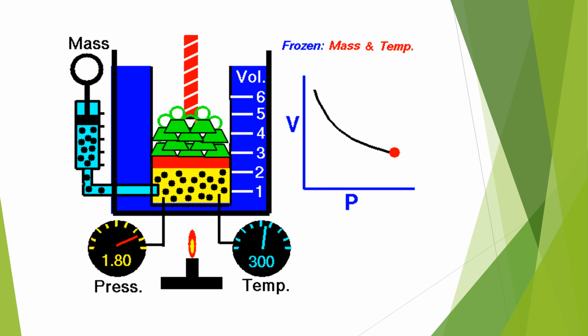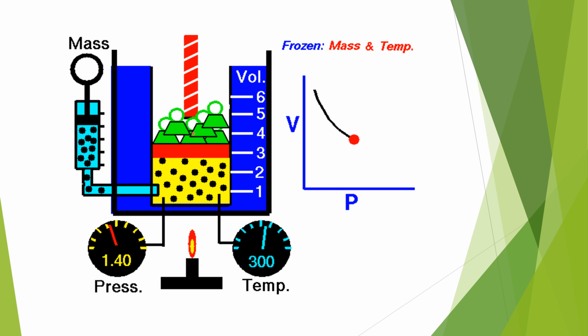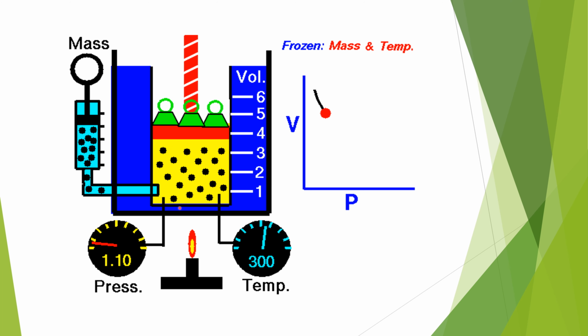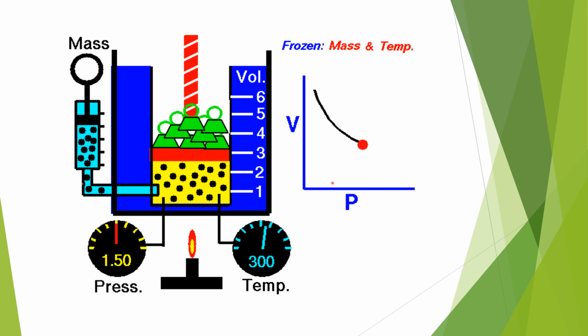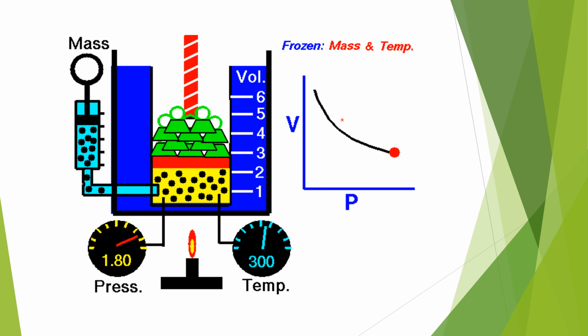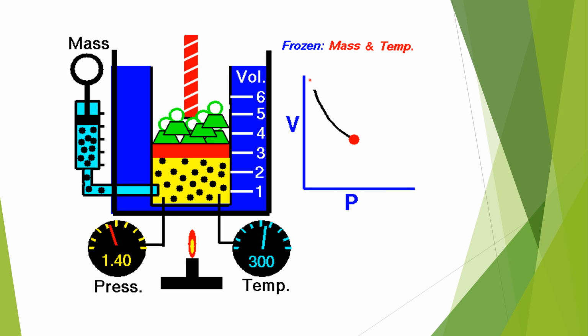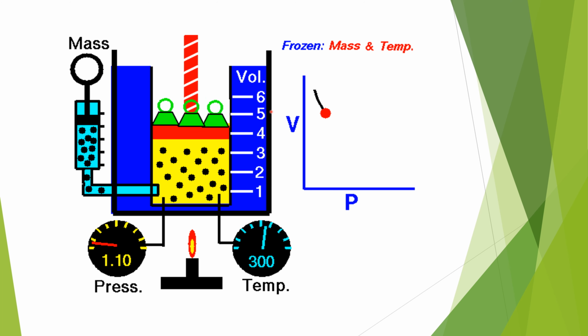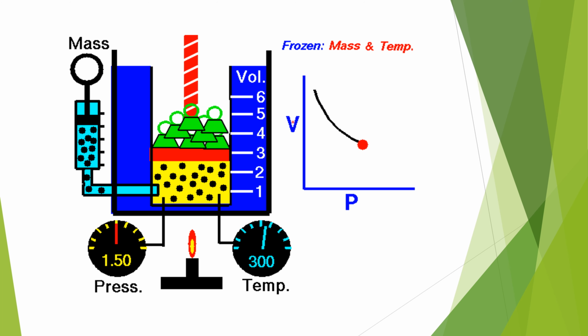For example, if you increase the pressure, the gas compresses and the volume decreases, and vice versa. If we draw a graph between pressure and volume of a gas, it is a hyperbolic curve, which shows that if you increase the pressure, the volume of the gas decreases. Now I'm going to verify Boyle's law using the kinetic theory of gases.